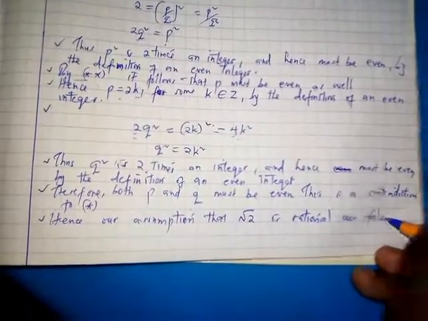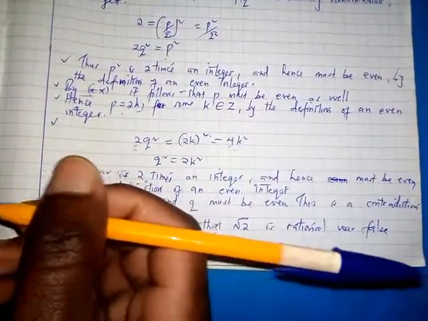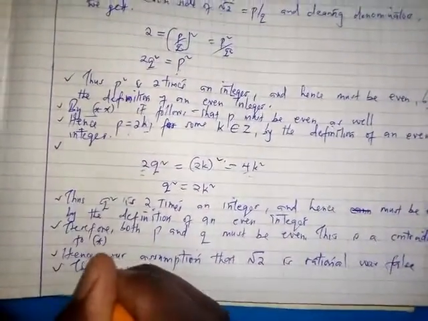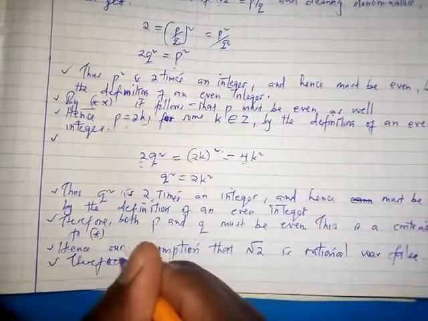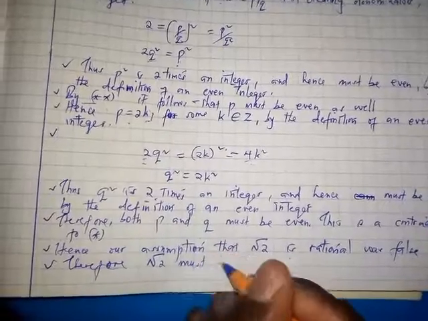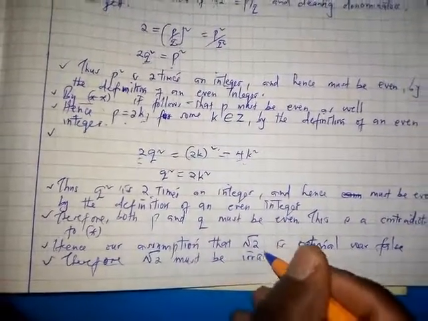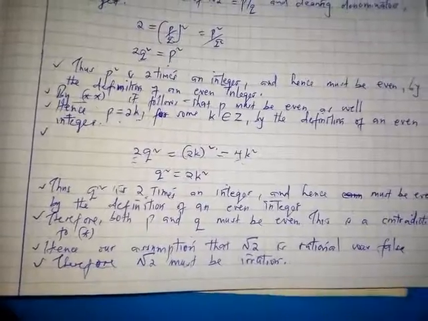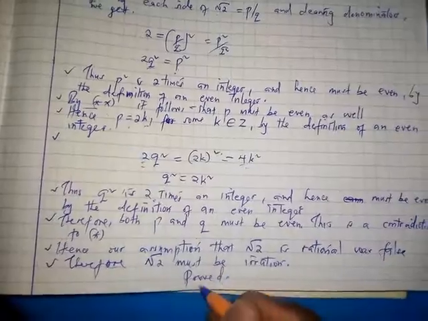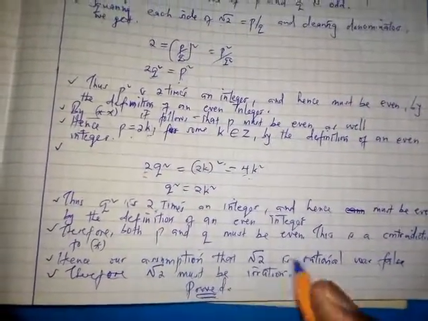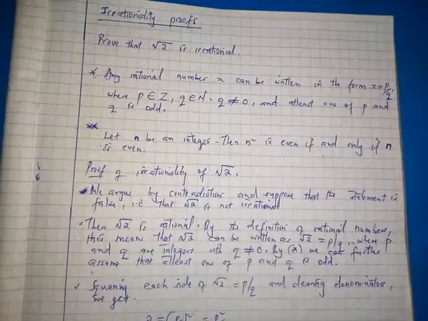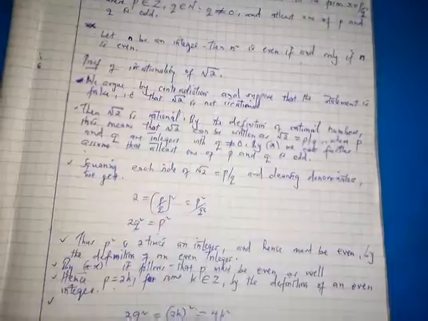Therefore, root 2 must be irrational. And up to that point, we have proved. So you can see from the beginning how it flows to that point.